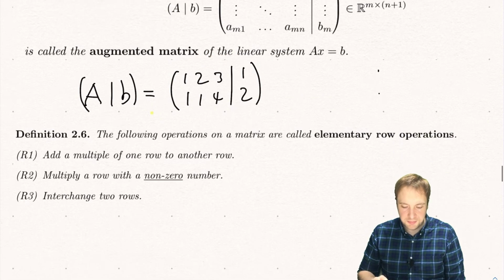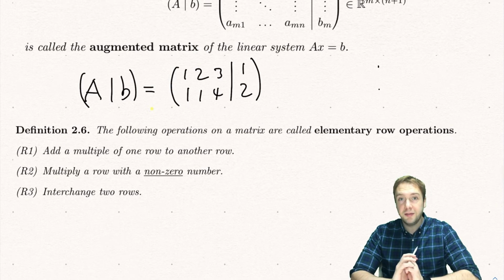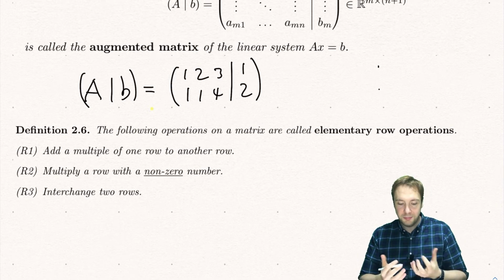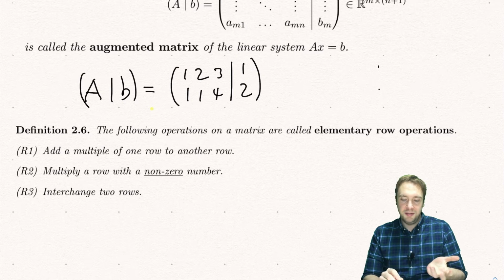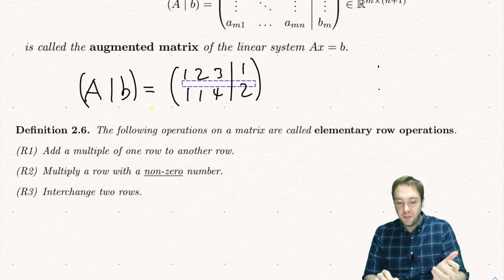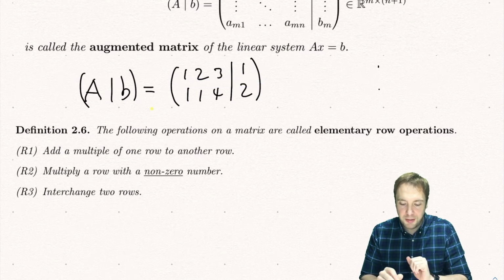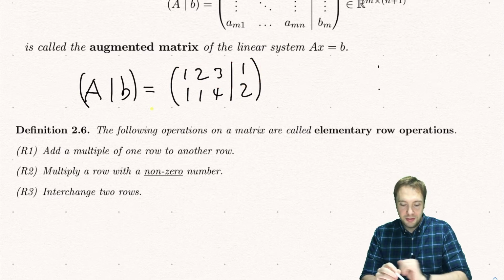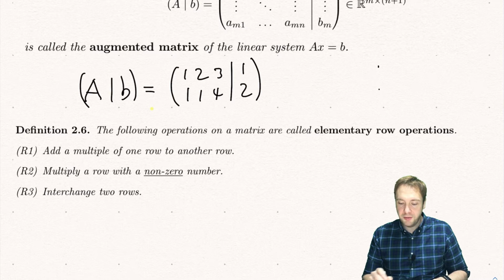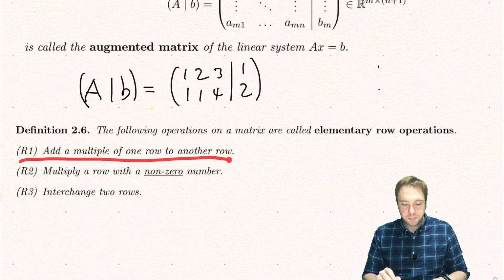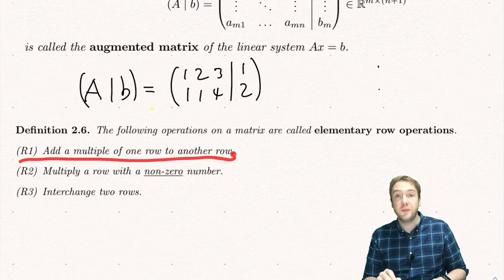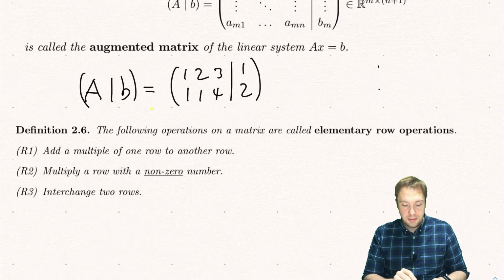These are exactly the same row operations we introduced last time, but for linear systems. But now the word linear system, or linear equation, or the word equation will get replaced by just a row. So the following operations on a matrix are called elementary row operations. R1 just means we add a multiple of one row to another row.